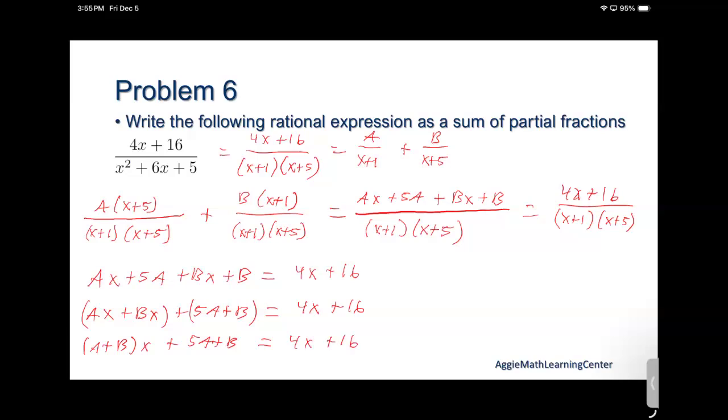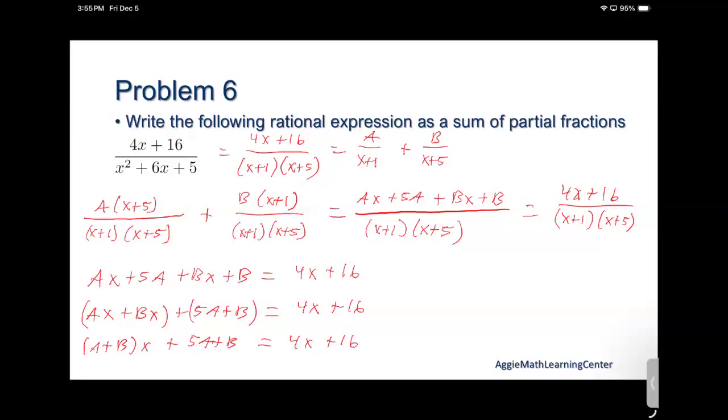All right. So now to get our system of equations to solve for, we have these two sides equal to each other. You see that the left-hand side has an a plus b times x, and the right-hand side has a 4 times x. There's never going to be an x that goes in with the 5a plus b, and so the terms that have x are going to be set equal to each other.